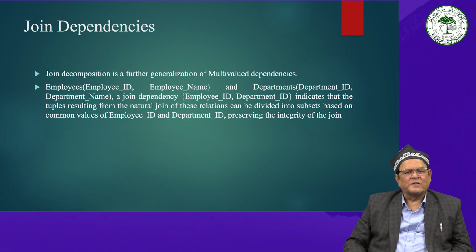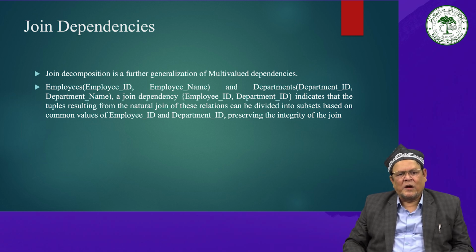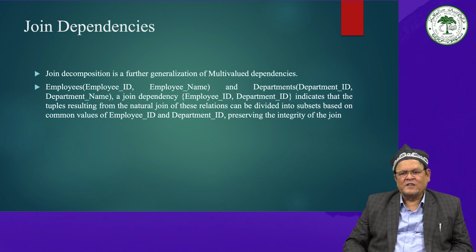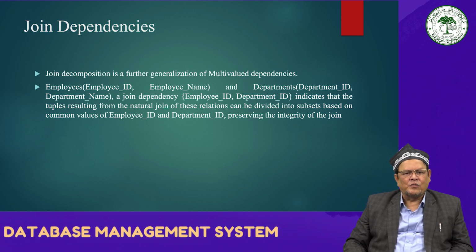Joint dependencies. Joint dependencies in a database management system represent constraints involving multiple relations, describing the relationships that exist when performing a natural join operation. Unlike traditional functional dependencies, which are confined to a single relation, joint dependencies encompass relationships between tuples resulting from joining multiple relations together.